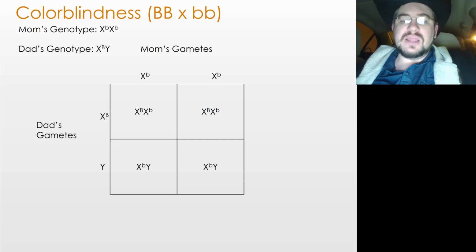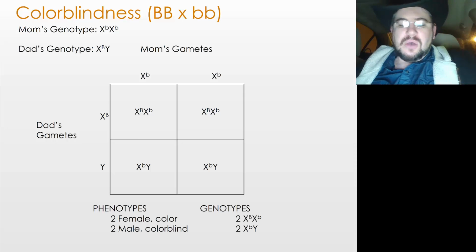There we go. So you get that 50-50 ratio where the daughters have color vision and the sons are colorblind. This happens on X-linked genes. It's really cool. So 2 are female with color vision, 2 are male that are colorblind, so the phenotypic ratio is 2-to-2, and the genotypic ratio is 2-to-2, with 2 being XX color vision heterozygotes, carriers for colorblindness.